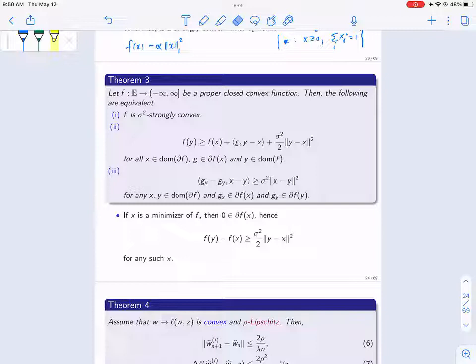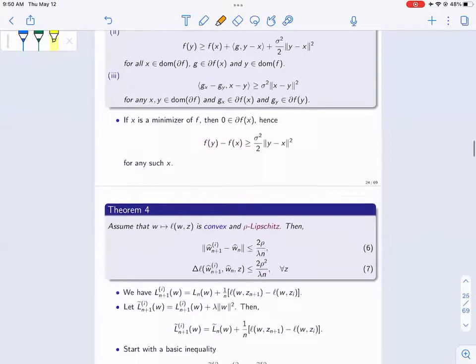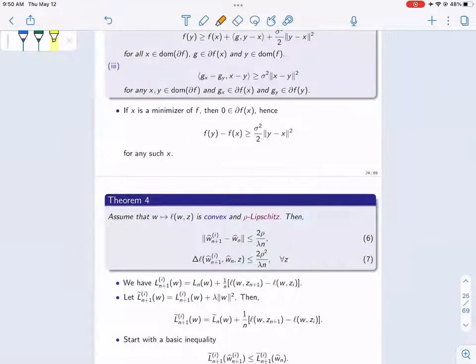If I perturb x to y, and I see that the function changes this much, I can multiply by 2 over sigma squared. I know that the inputs have changed by the square root of that much at most. So this is the key inequality that holds around the minimizer.